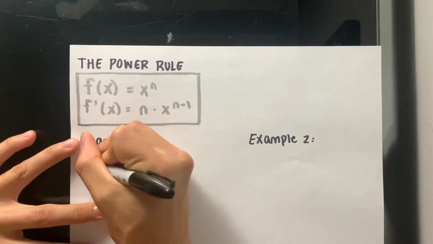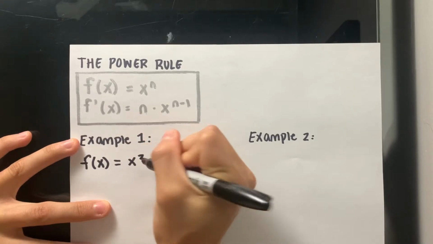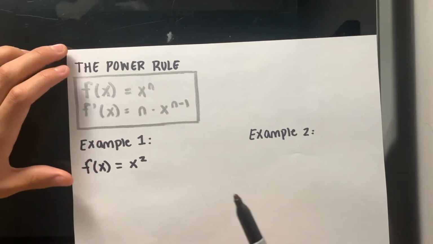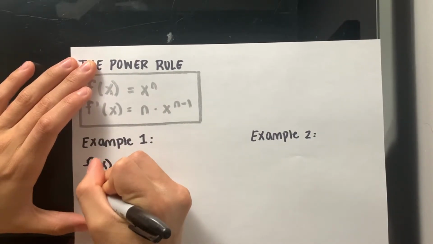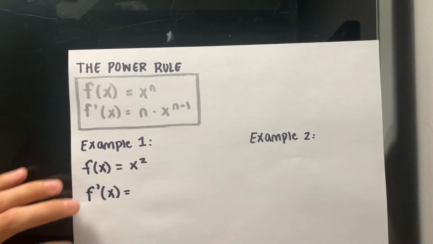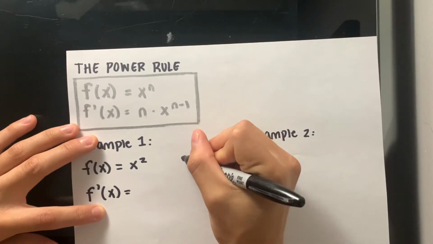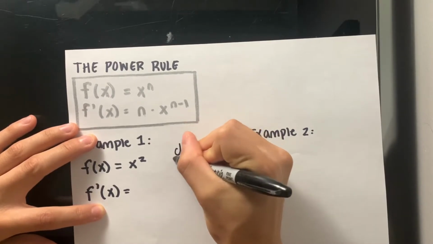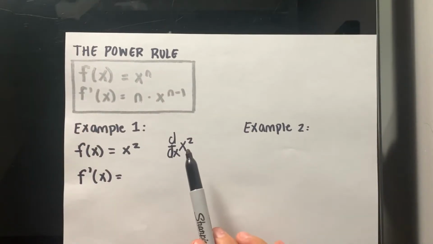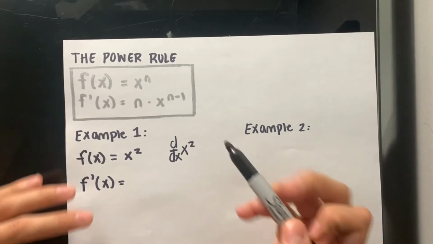So let's say I have a function f at x is equal to x squared. And this is just a very simple power rule use. So I want to find the derivative f prime at x of this function. So first, I'm going to do it on the side right here. We have the term x squared, and we want to find the derivative of that.